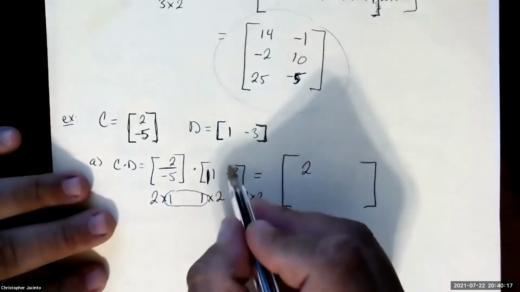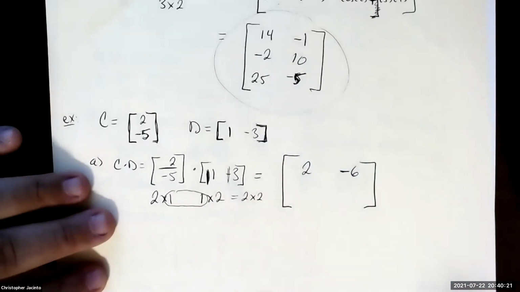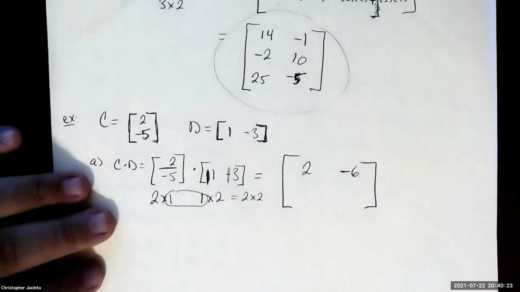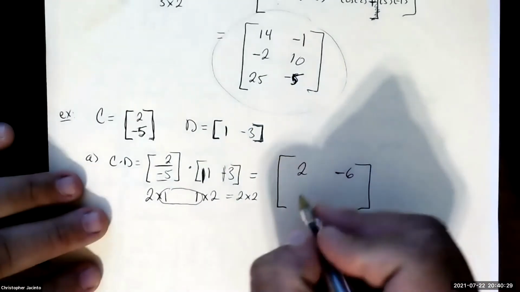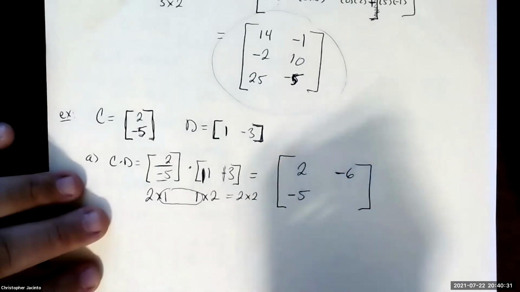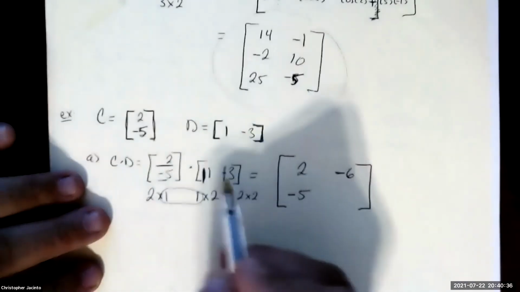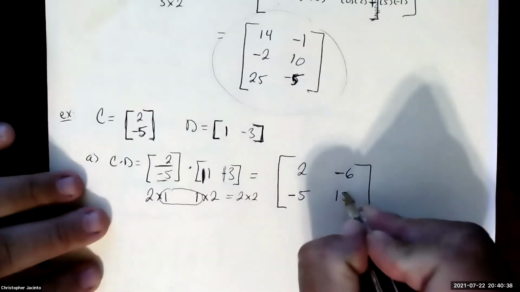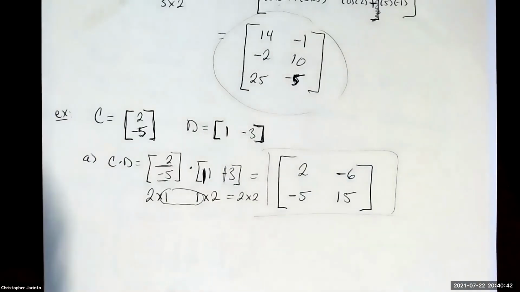First row times its next column. 2 times -3, -6. Much easier already, huh? Keep going. Now we go to the second one. -5 times 1, -5. And then lastly, -5 times -3, +15. And believe it or not, that is your answer.